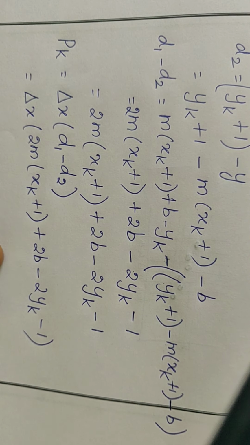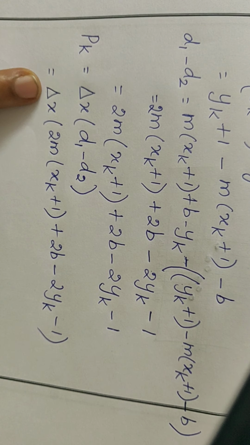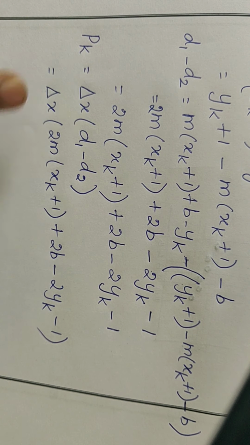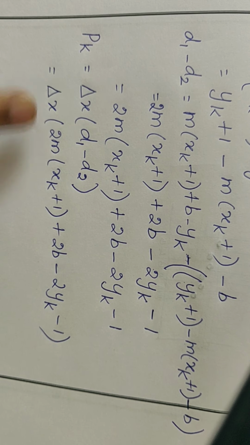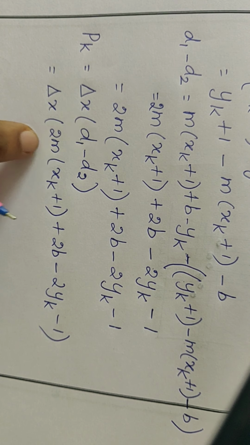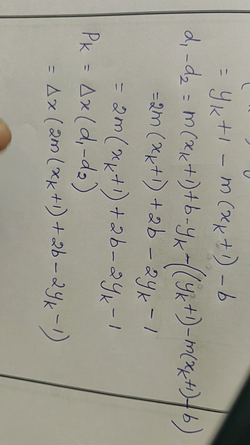Right? Now you can do one thing. You can multiply this dx inside. You can bring this dx, difference of x, inside. Meanwhile, you can substitute the value of m. What is m? M is equal to y2 minus y1 by x2 minus x1. I can write m is equal to difference of y by difference of x.